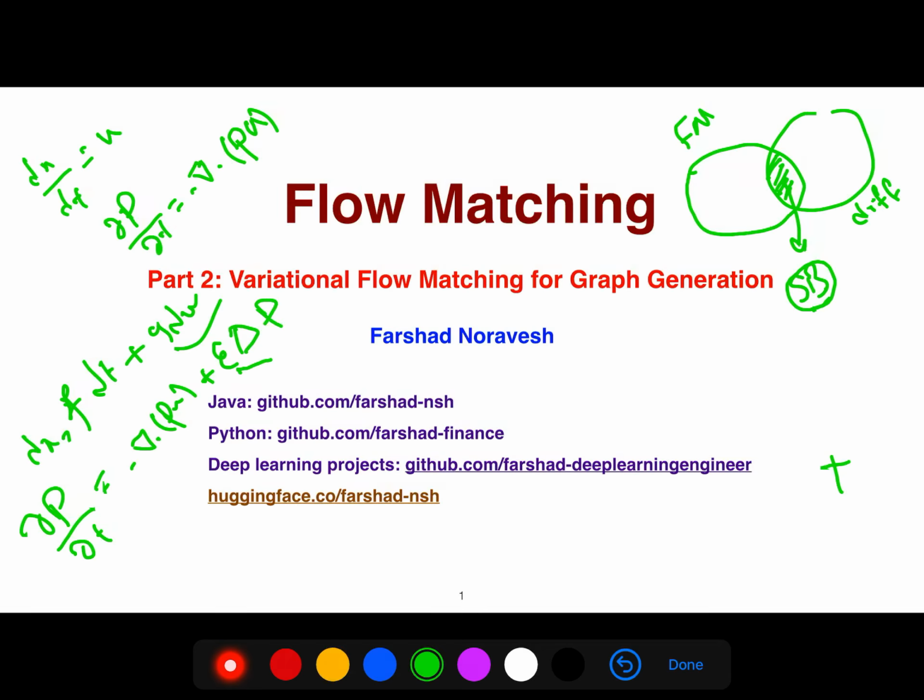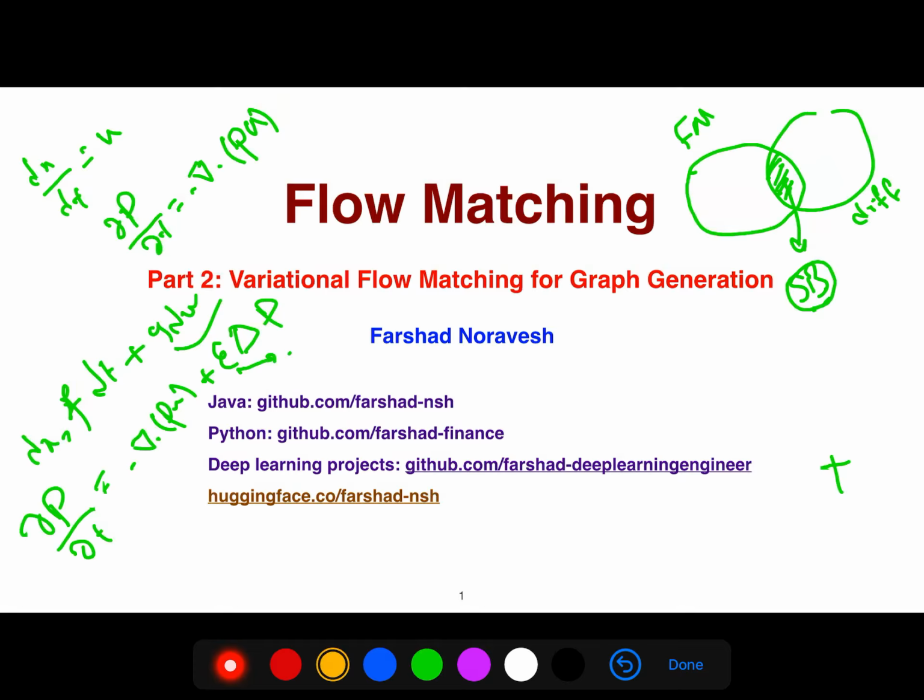So when epsilon is 0, then it's the original. It's also related to the regularized optimal transport approach to flow matching. So they are very interesting.